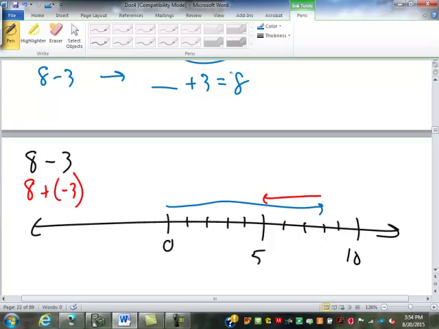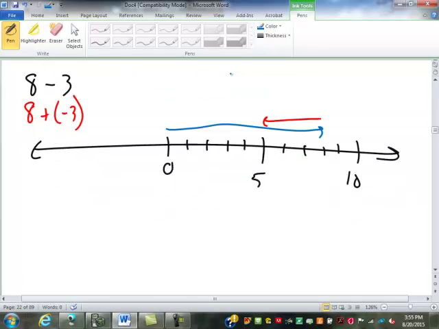Which is great, but doesn't help us do the subtraction. The alternative definition of subtraction, of this symbol here to be more specific, is to add the opposite.